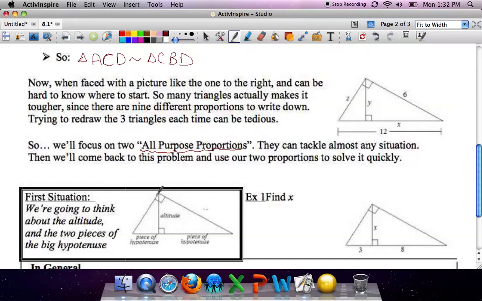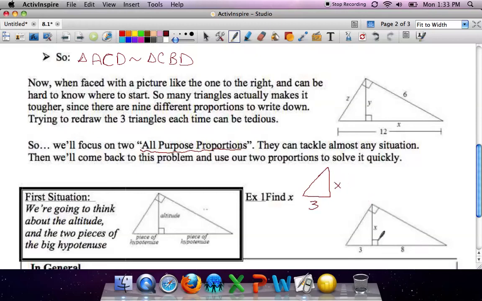Okay, here's the altitude from the original triangle, a piece of hypotenuse and a piece of hypotenuse. Find x. Let's just redraw this first one. If I look at this left triangle, we have 3 and x.